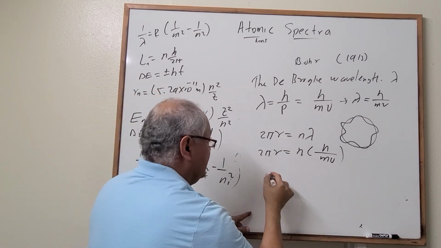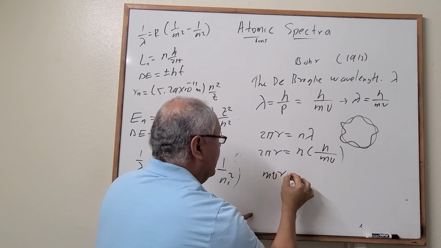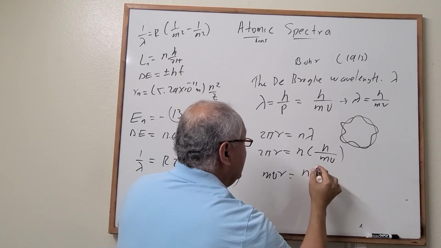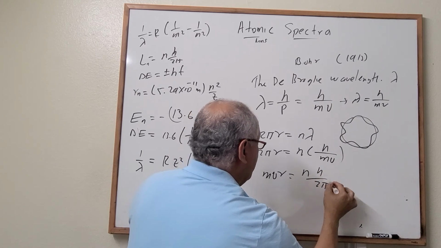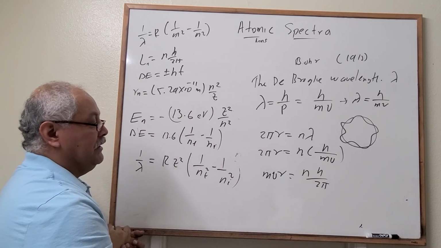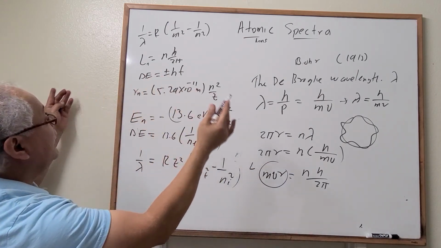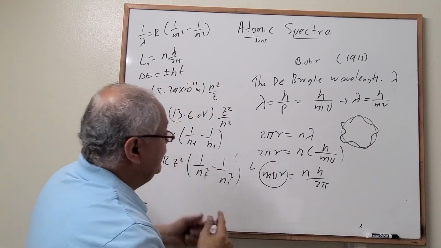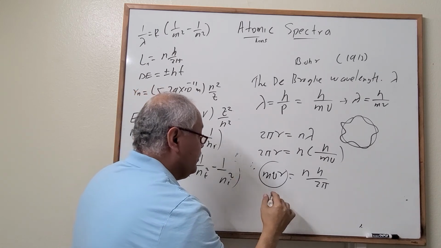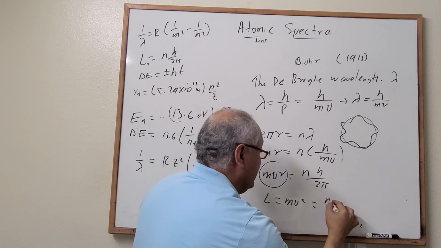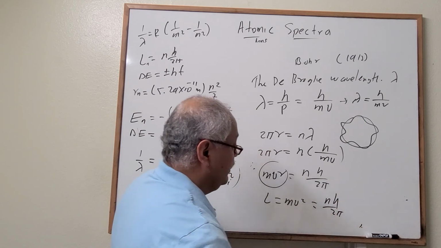What do we have? Cross multiplying, mvr is equal to n h over 2 pi. But what is this? This is the angular momentum L. So L, which is equal to mvr, must also be equal to n h over 2 pi.